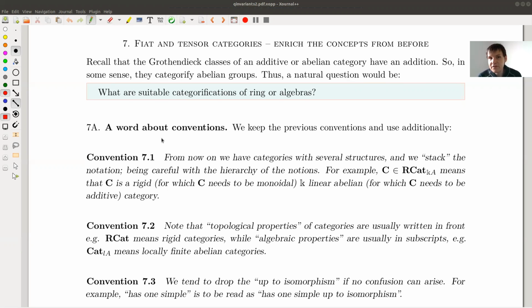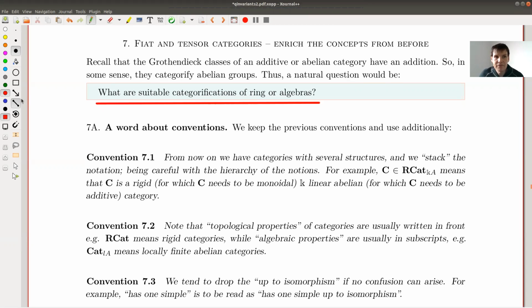So let's see how that actually works. In some sense, I want to explain what are suitable categorifications of algebras and rings. In what sense? Well, I already explained that there are natural categorifications of rings, of monoids, which are monoidal categories.